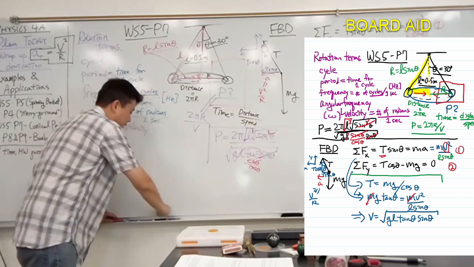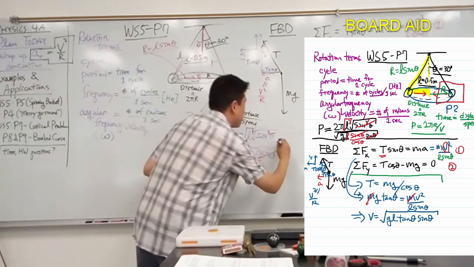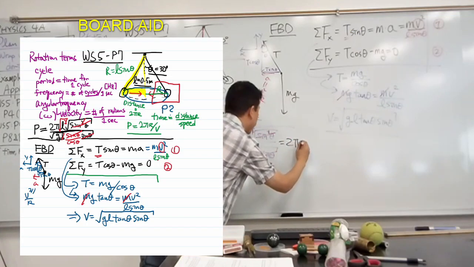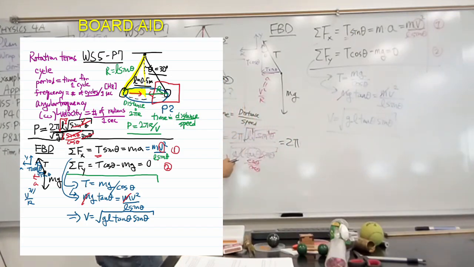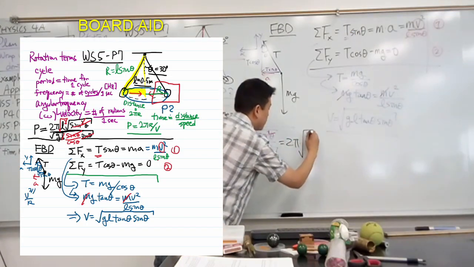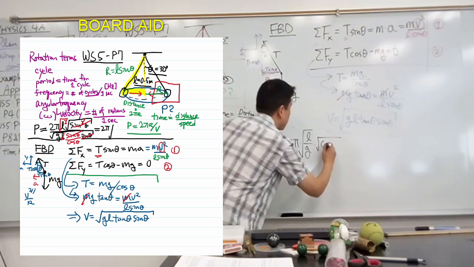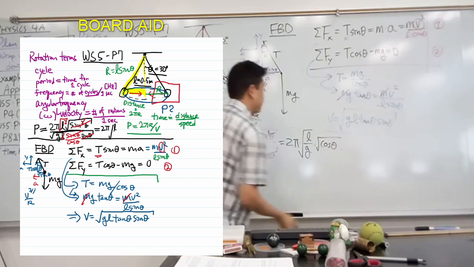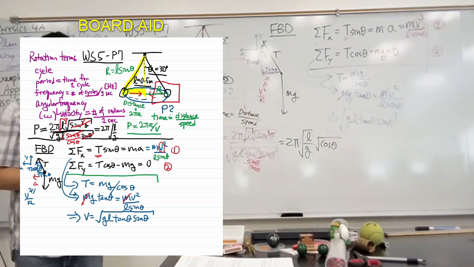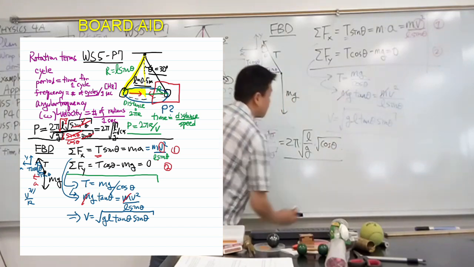Let me write down a cleaned up version of this. So it's 2 pi times square root of L over G, times 1 over the square root of cosine theta. Good? Everyone okay with this as the final expression for period?